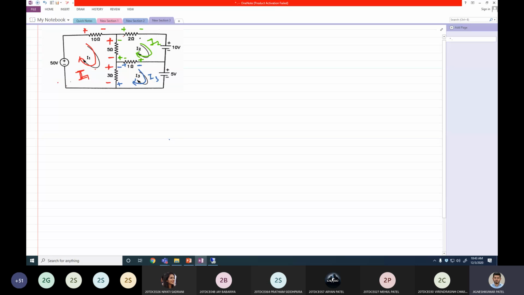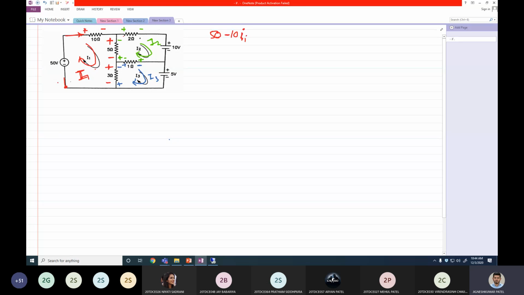I'll begin from this point, moving in this direction. Negative to positive is plus. So I'll write 50, as that is a voltage source. Then I'll come across my first element, the 10 ohm resistor, so I'll write minus 10 into I1.